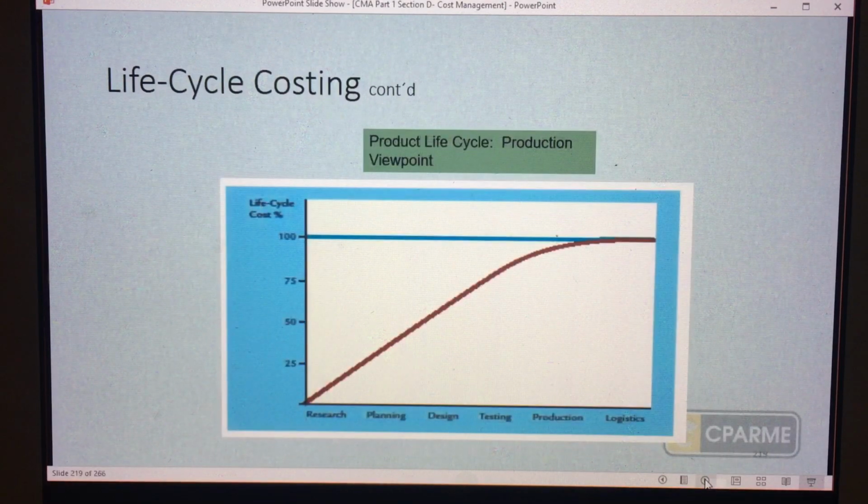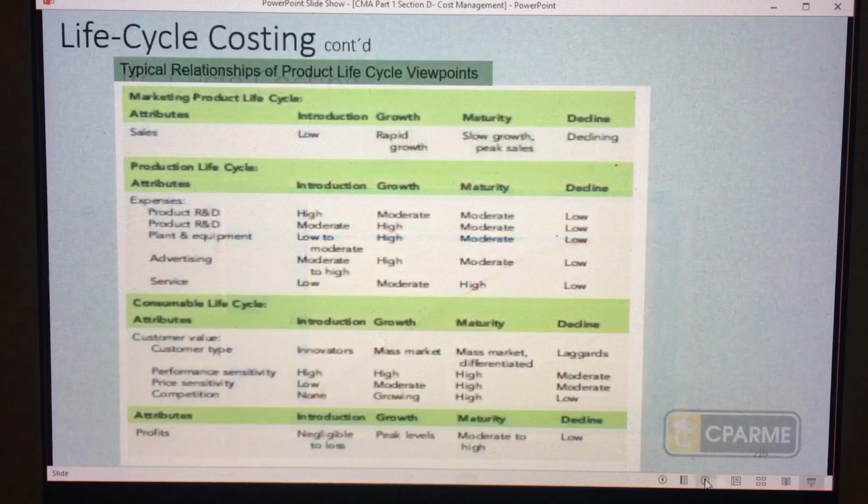Ito naman, production. And then the typical relationships of product cycle viewpoint. So at the introduction stage, no, normally dahil pinapakilala pa lang siya, of course we can expect that the sales would be low. Pero habang tumatagal in the growth maturity, mas mabilis ang ating sales, mas dumadami siya.